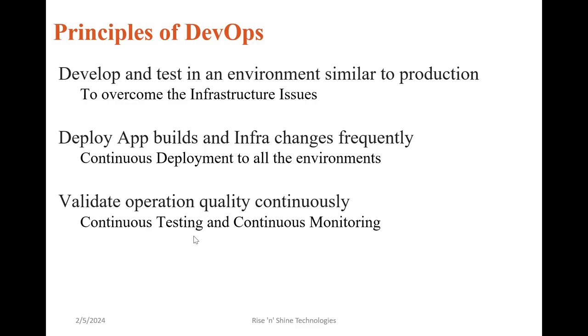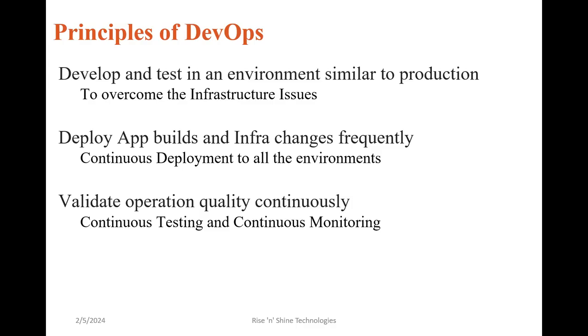So testing is not a one-time activity. It is continuous. Monitoring is not a one-time activity. So continuously we need to do that. Continuous delivery or deployment, and managing infra so that production is equal to the development. And during the development, continuous integration.